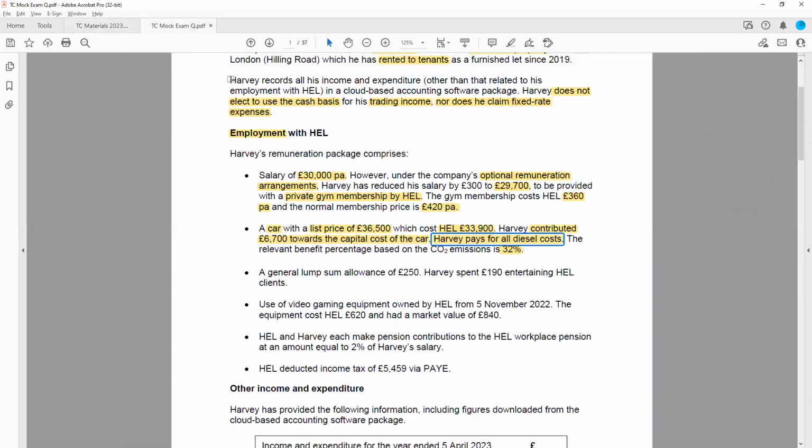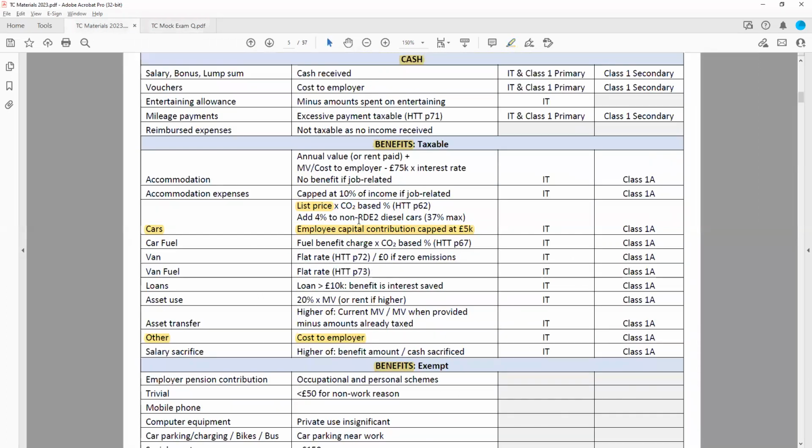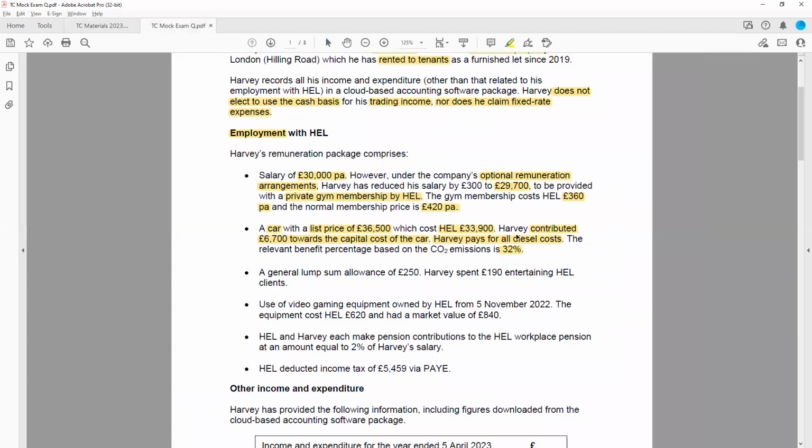But we're being told that Harvey pays for the fuel. We're also being told that the car is a diesel in that same sentence. And that would affect the percentage that we're going to use. When we look it up in Hardman's, that would affect the percentage, because it's based on the CO2 emissions, and then there's an additional amount if it is a diesel car. So again, it's telling us two things there.